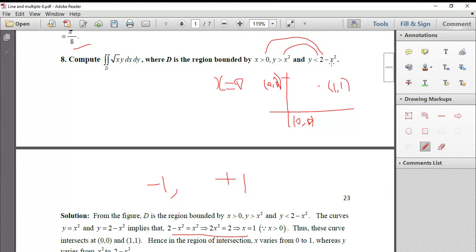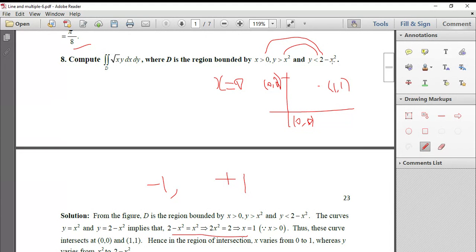When x is 0, what is your y? Let us assume it is equal; don't consider unequal. Y is equal to 2 minus x square. Let us draw that graph. When x is 0, your y will be 2. Okay. This point. Assume that I have given all the points in between 0 to 1.